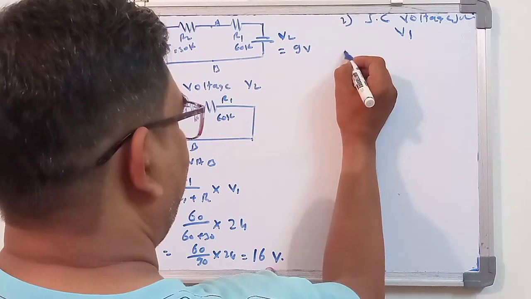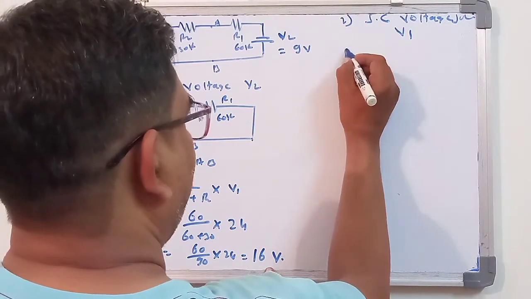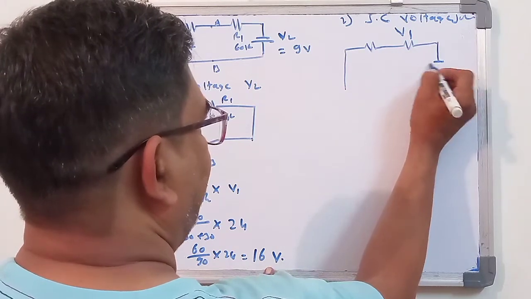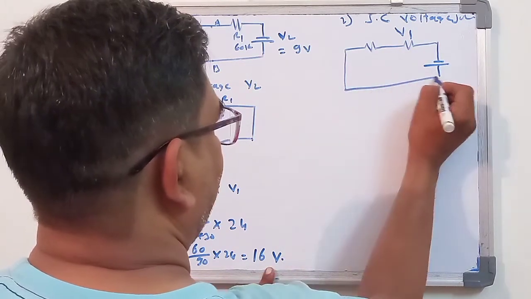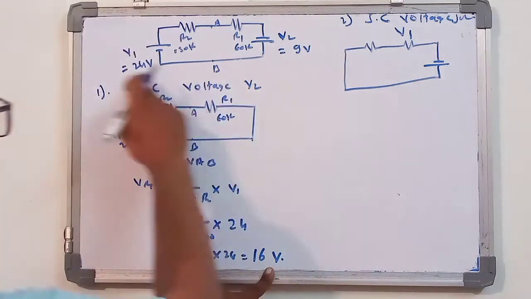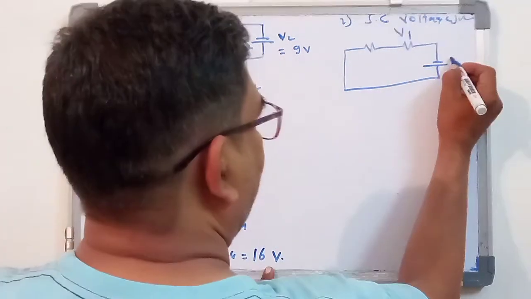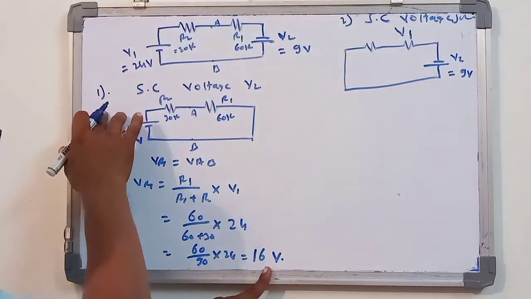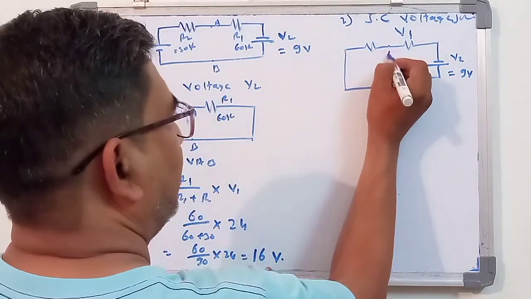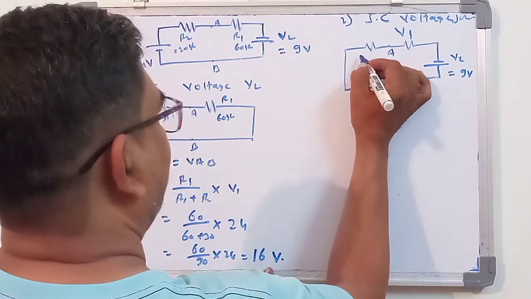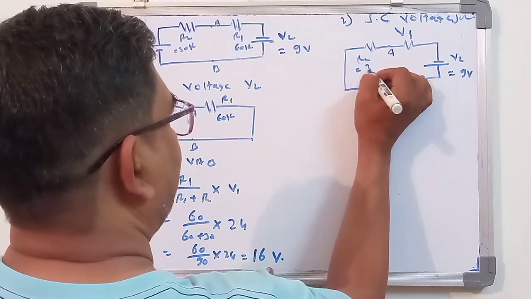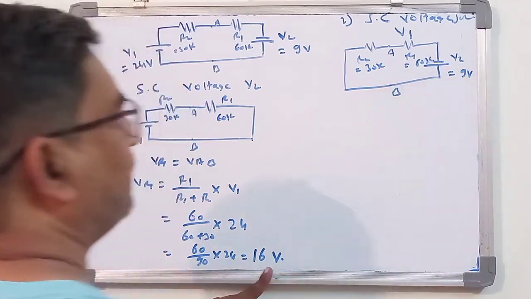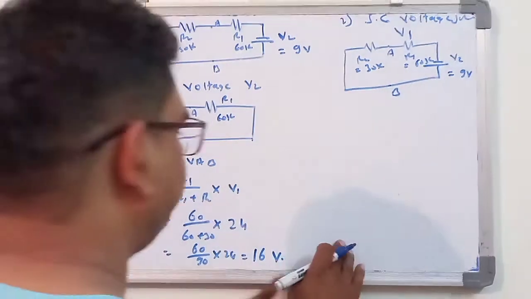After redrawing the circuit, the voltage V1 we have short circuited, we have drawn the R2 resistor, R1 resistor, and here the voltage V2 is equal to 9 volt. Okay, then here the A terminal and the B terminal, R2 is equal to 30k, R1 is equal to 60k. Fine.